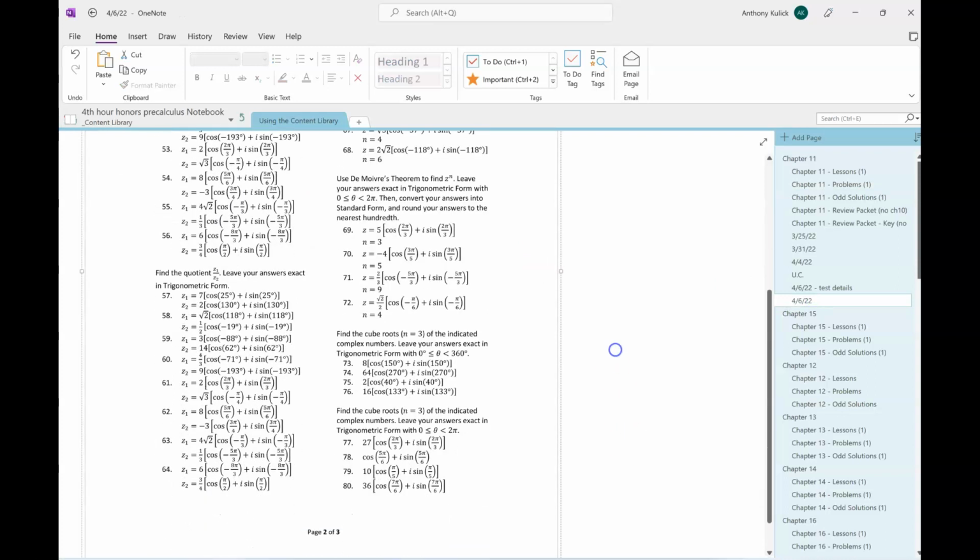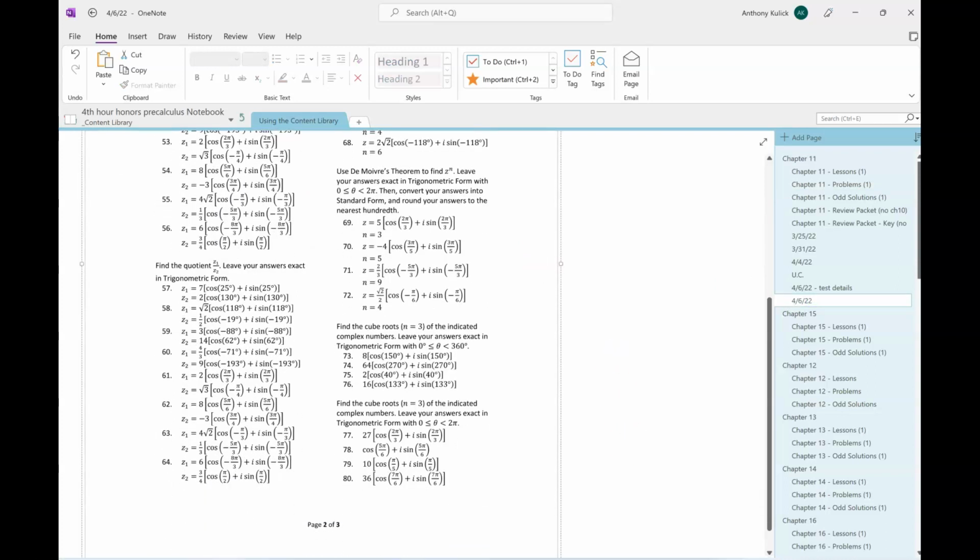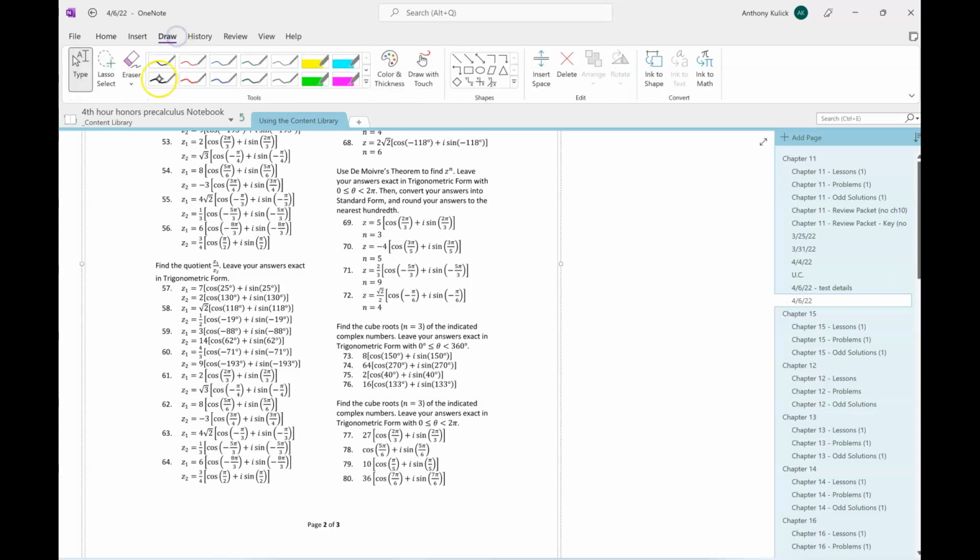All right, it says find the cube root for the indicated numbers. Leave your answers in exact trigonometric form. Okay. Emma's talking about 77. 27 was the coefficient there. So just applying de Moivre's theorem.